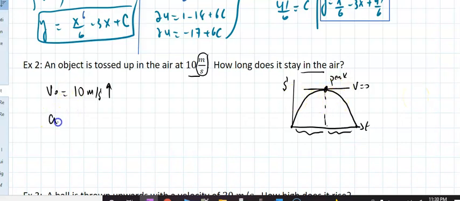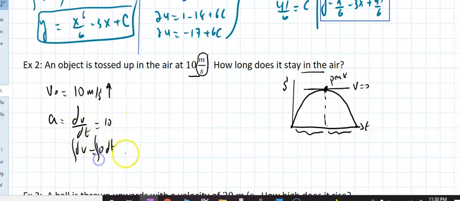We start with acceleration is negative 10, right? And let me fill in the units, that will be better. dv dt is negative 10. So if I cross multiply and I integrate, I will get the velocity function. The velocity for this is negative 10t plus initial velocity.